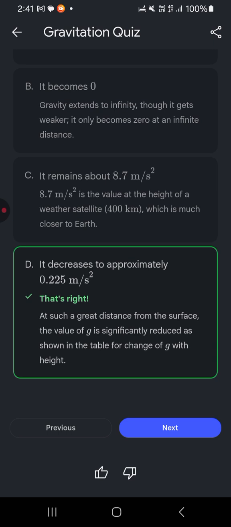The correct option will be D. It decreases to approximately 0.225 meter per second square. Because the distance from the surface of the earth is great, the value of g is significantly reduced.